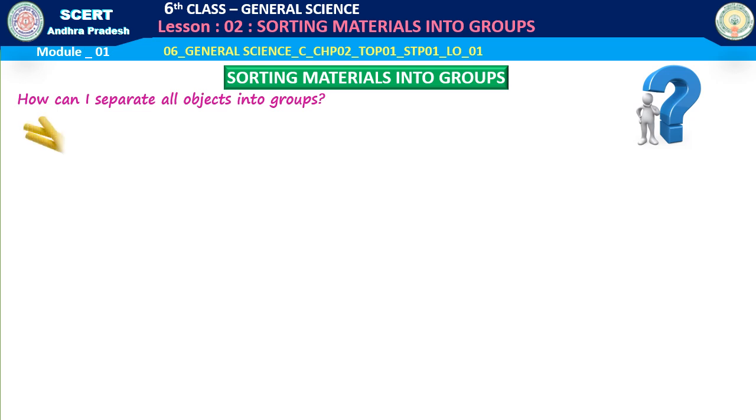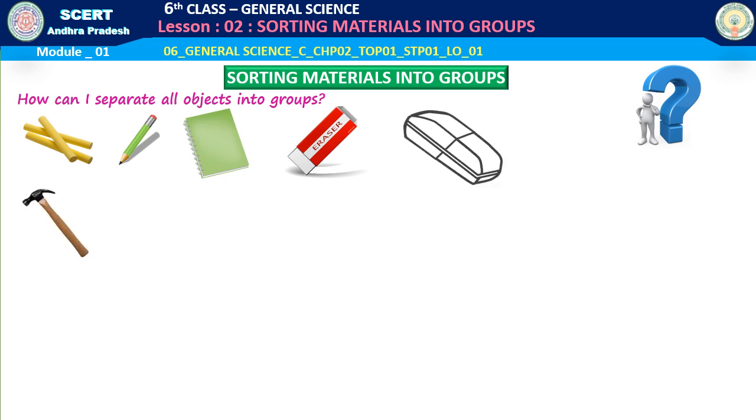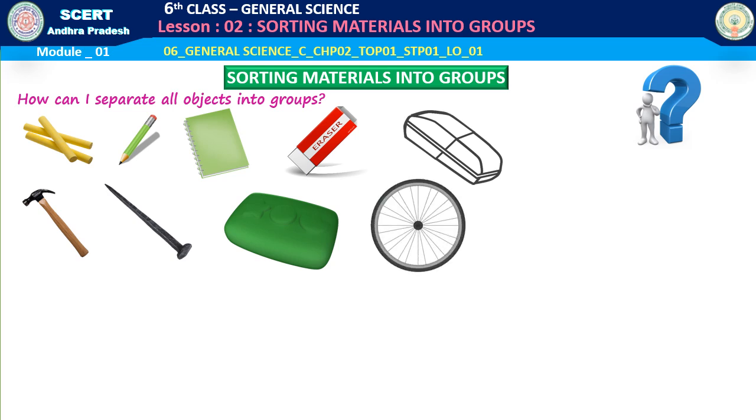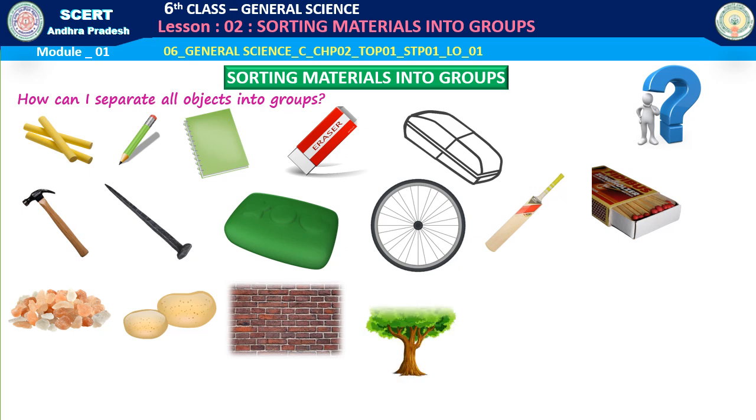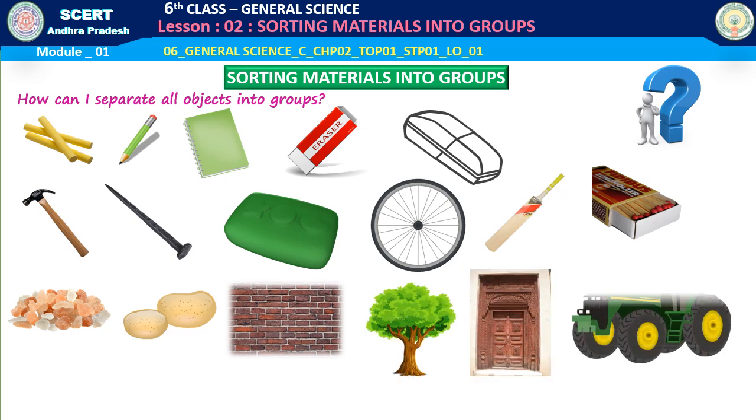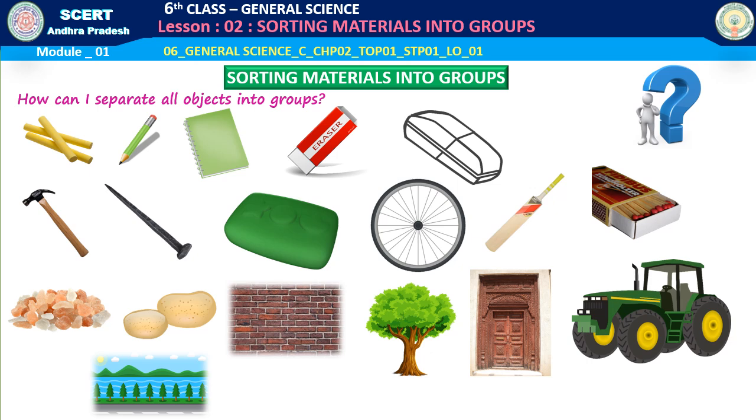So our collection should include chalk piece, pencil, notebook, eraser or rubber, duster, hammer, a nail, soap, spoke of a wheel, bat, matchbox, salt, potato. We can also list objects that we can think of but cannot bring to classroom. For example, wall, trees, doors, tractor and a road.